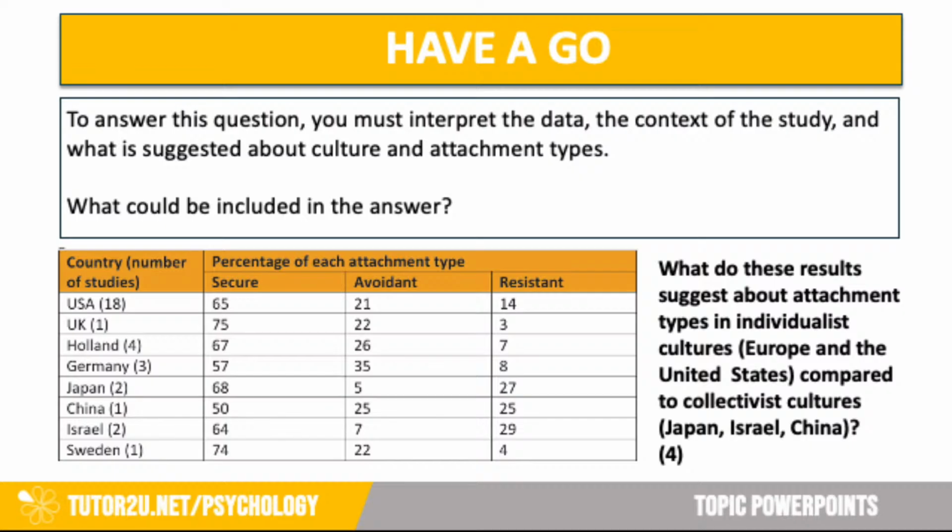And that is true, isn't it? I mean, still the secure attachment was the most popular one. That's not the word I want, but you know what I mean? Prominent one, yeah. But there was a greater percentage, wasn't there, of secure attachments in individualistic cultures rather than collectivist. So that's one thing that you could say.